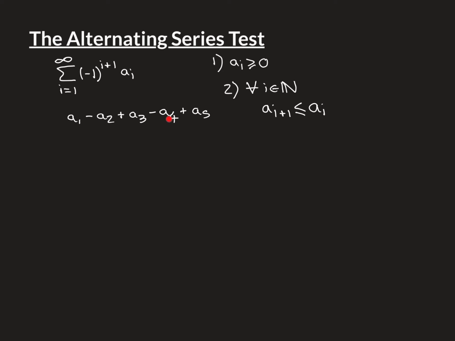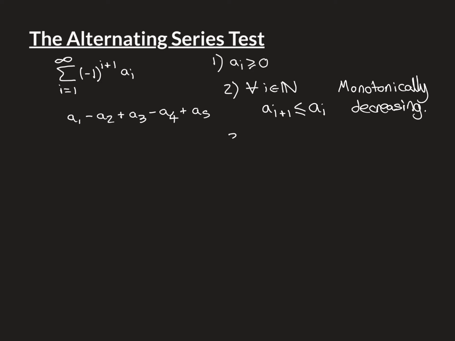Ignoring the signs, just looking at their size, which is what this criterion says. So to put this in words, the sequence of the a_i needs to be a monotonically decreasing sequence. So that's criterion number 2.